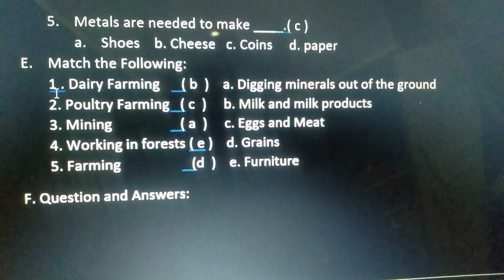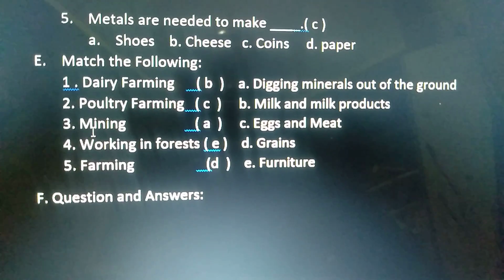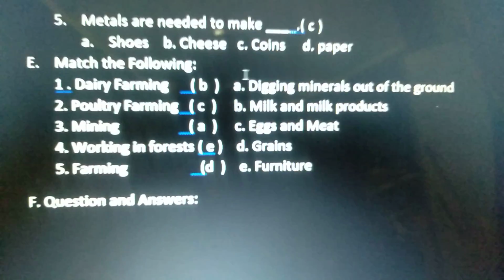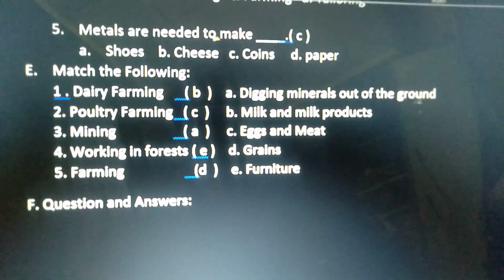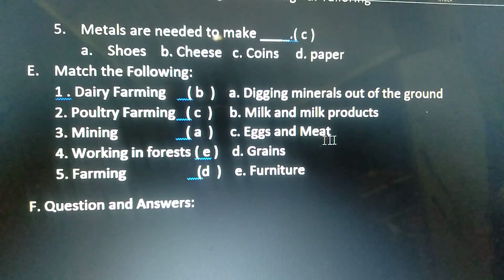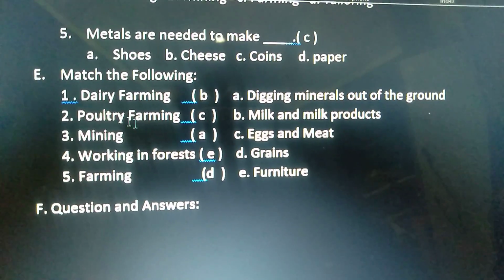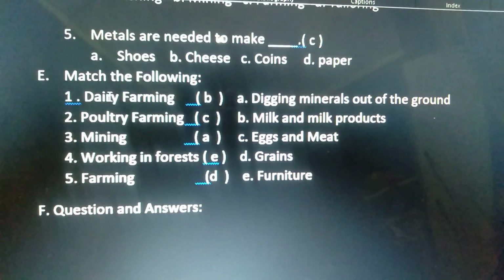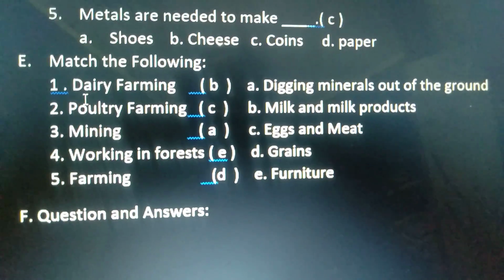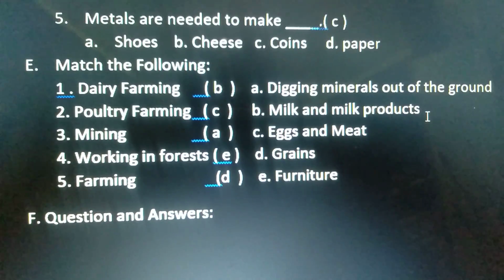Dairy farming, poultry farming, mining, working in forest, farming, digging minerals out of the ground, milk and milk products, eggs and meat, grains, furniture. So, we have to match column A with column B. Okay. See, children. Dairy farming means milk and milk products.